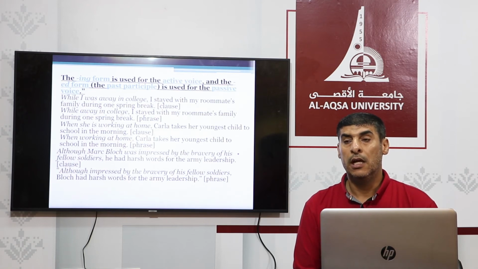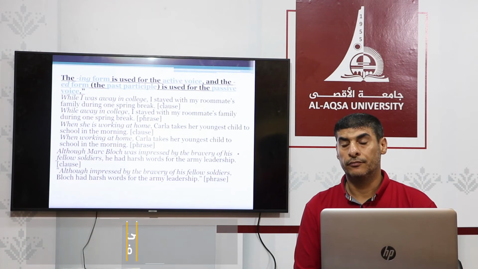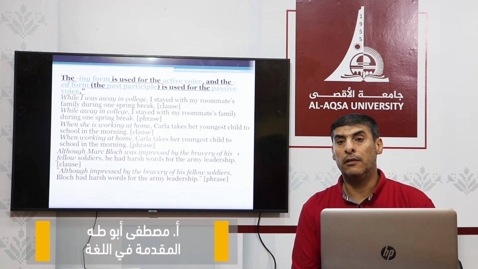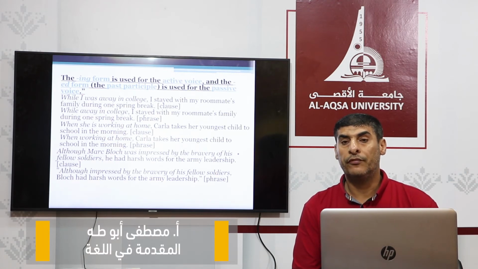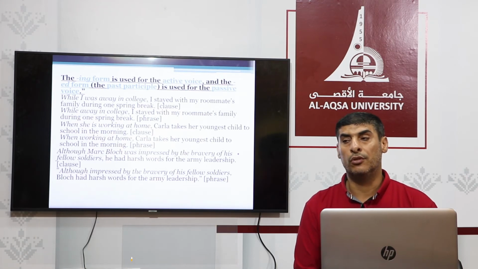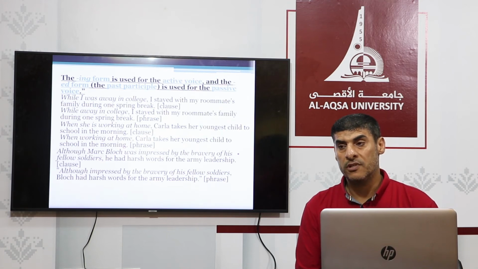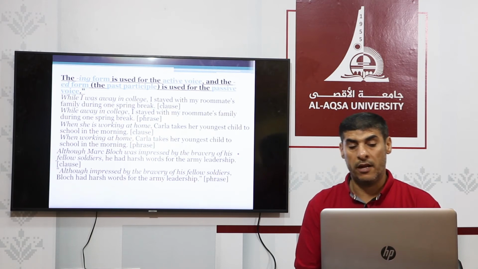I would say, after the house was redecorated, it looks nicer. After redecorated, after reconstructed, after cleaned, and so on. So as you see, this is a passive construction or passive voice, and we have to delete the subject and the auxiliary.